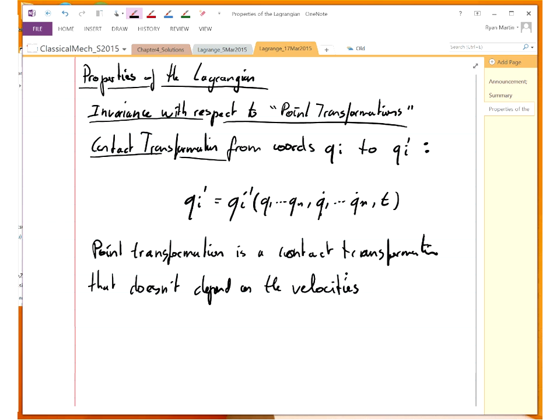So that's the simple version. A point transformation is just a change of coordinates.